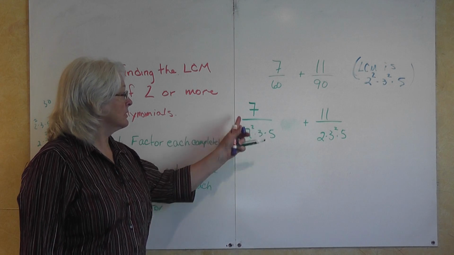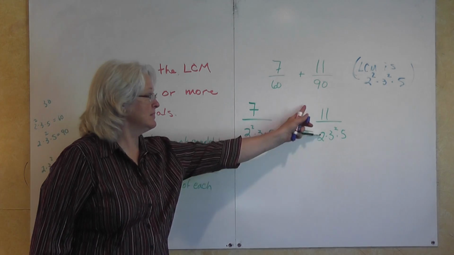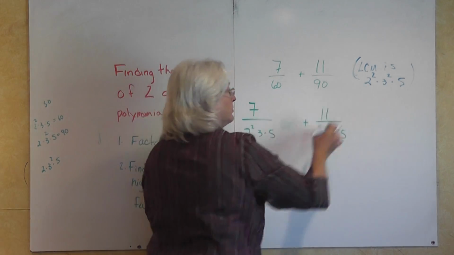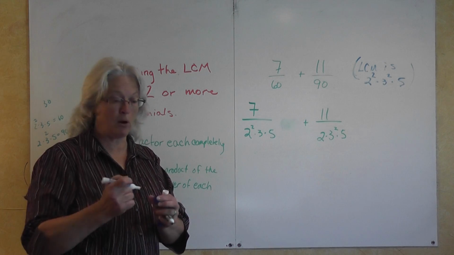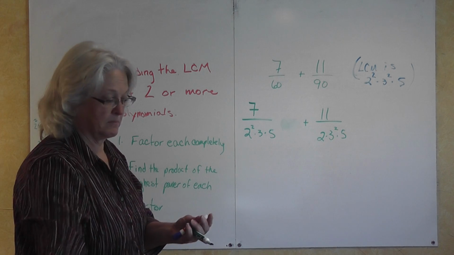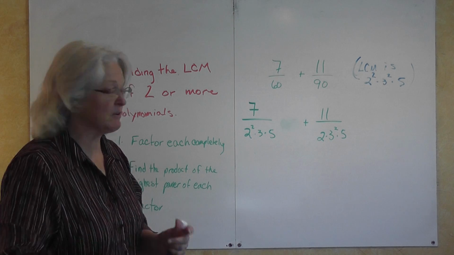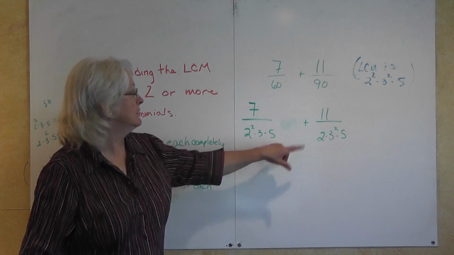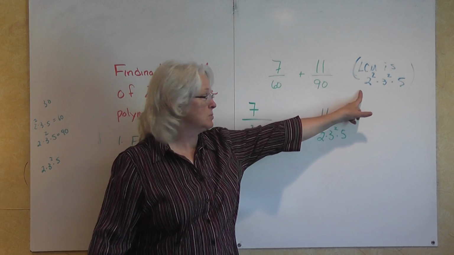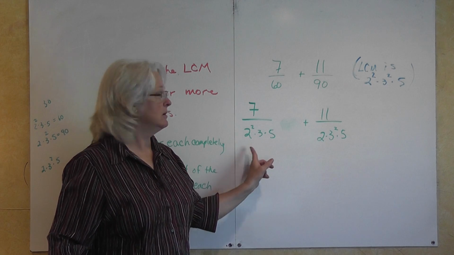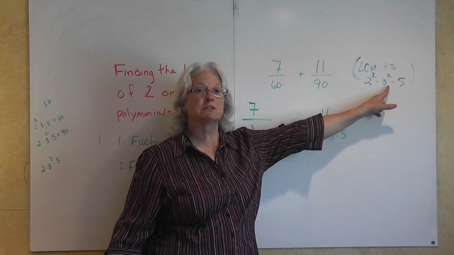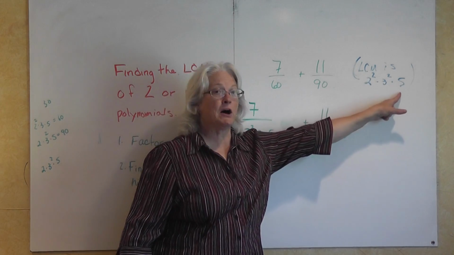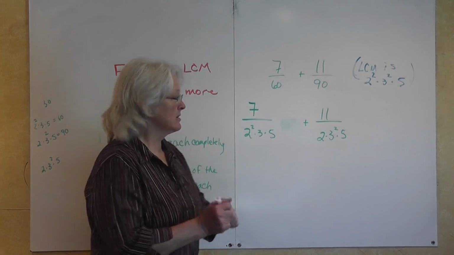Now let's look at how we have written this, compare our factored denominator to our least common multiple, and see what factors are missing. When we look at 50, we see we have 2 squared times 3 times 5. Our least common multiple has a 2 squared. We have a 2 squared. It's 3 squared. We only have one factor of 3. And it's 5. We have the factor of 5.